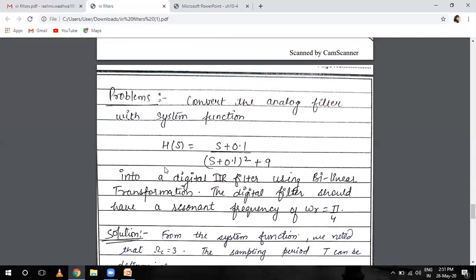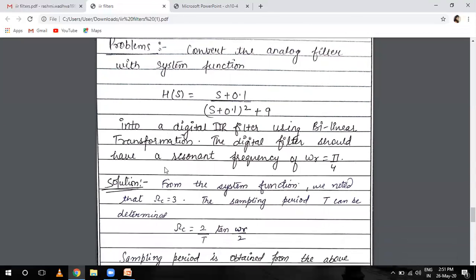see the question. Convert the analog filter with system function H(s) equals (s plus 0.1) upon ((s plus 0.1) whole square plus 9), into a digital filter using bilinear transformation.